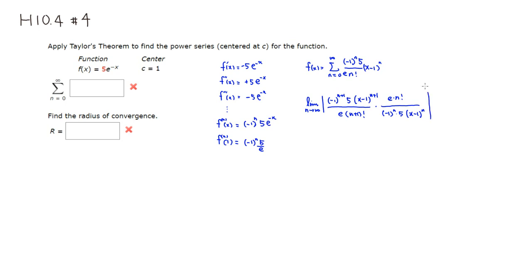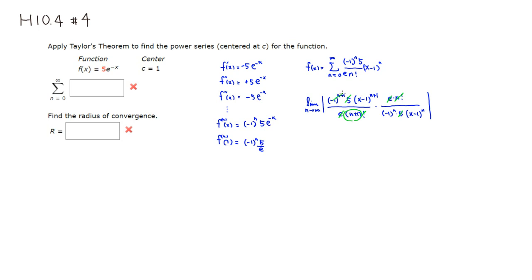So we're going to be able to cancel. There's a 5 on top and a 5 on the bottom. e on top and e on the bottom cancel out. You have n factorial and cancel that, then you have n plus 1 left over on the bottom.